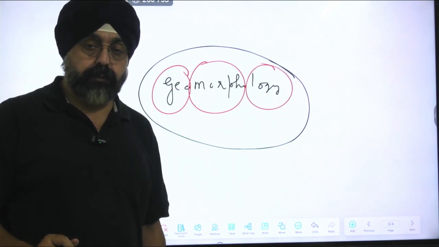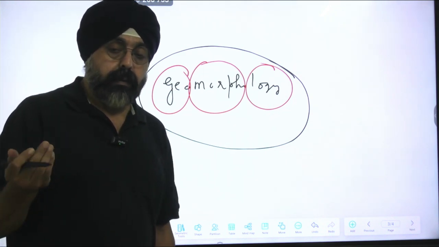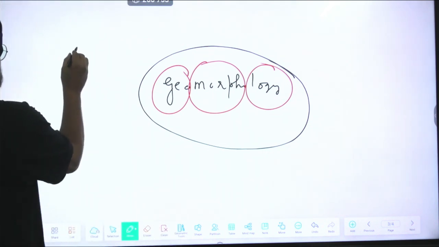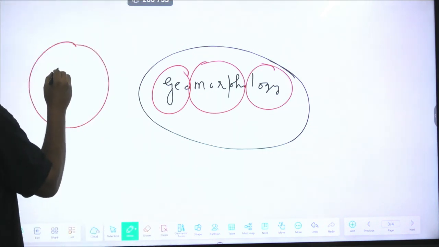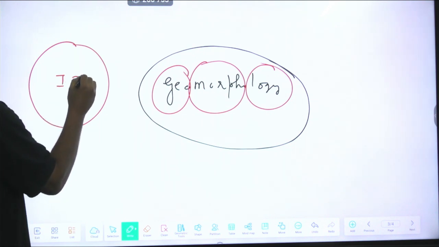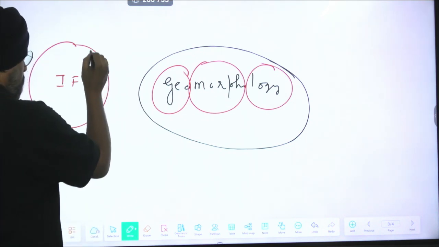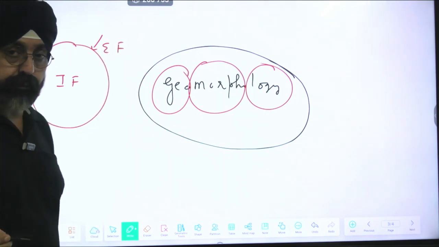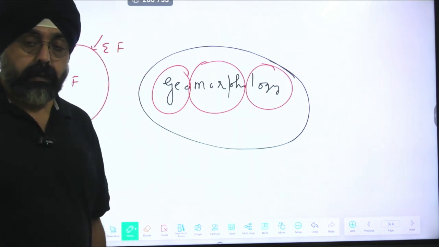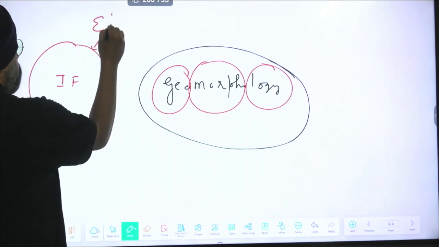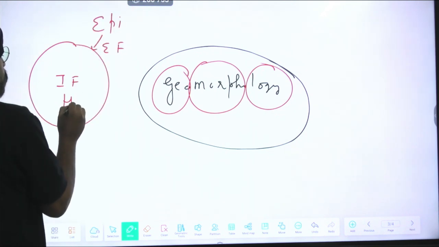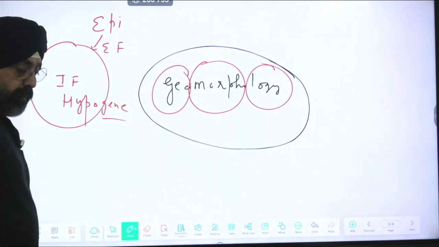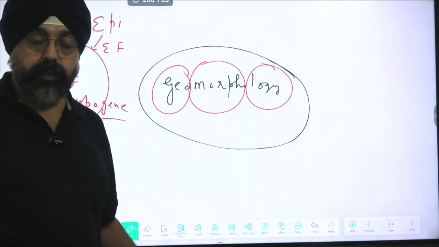Now let's come to the second definition, that is more scientific. We are having 2 types of forces: the interior forces, the endogenetic forces, and the exogenetic forces, the exterior forces, the epigene forces, and the hypogene forces. And these forces interact.